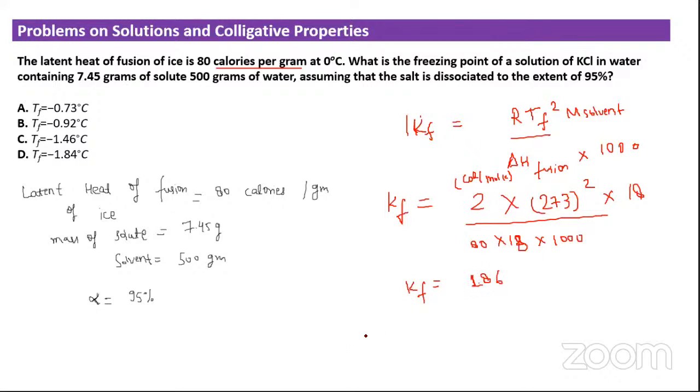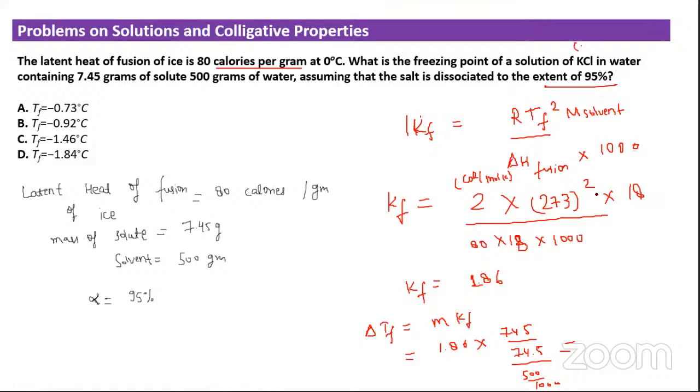And let's solve. Delta Tf will be m Kf obviously. So m की value, let's put 1.86 Kf, and m will be obviously 7.45 is the weight of solute. So number of moles will be molecular weight, so 74.5, and divided by weight of solvent, that is 500 grams. और kg में कर देंगे, इसको सॉल्व करते हैं. And obviously you have this degree of dissociation is 95%.